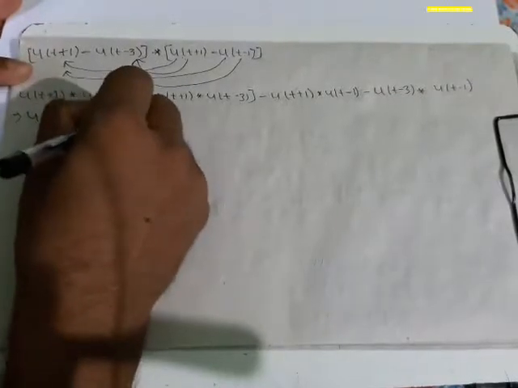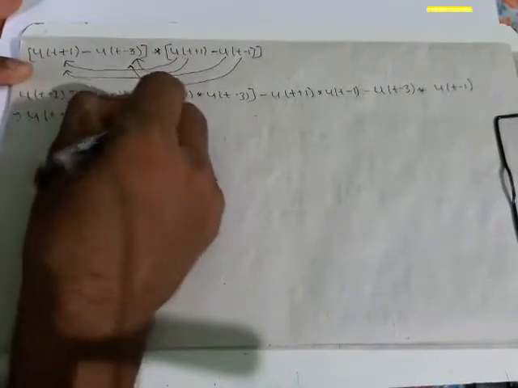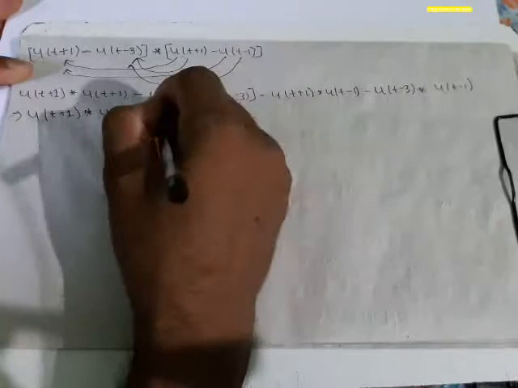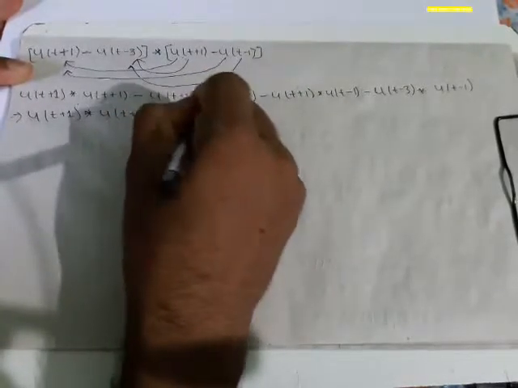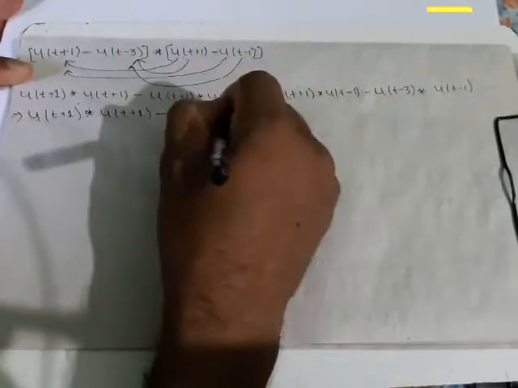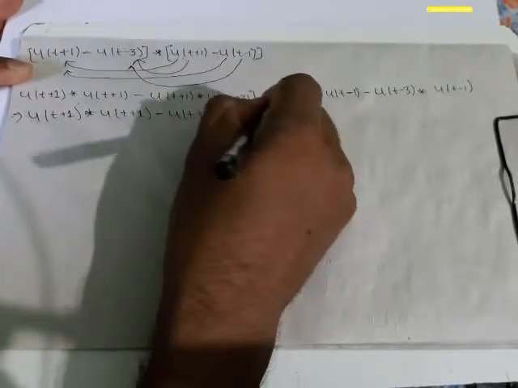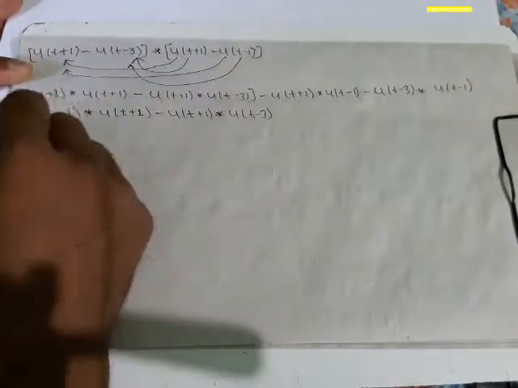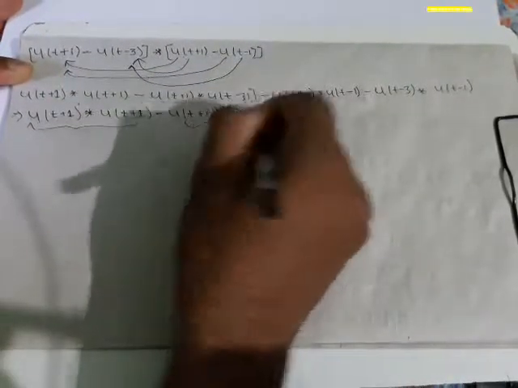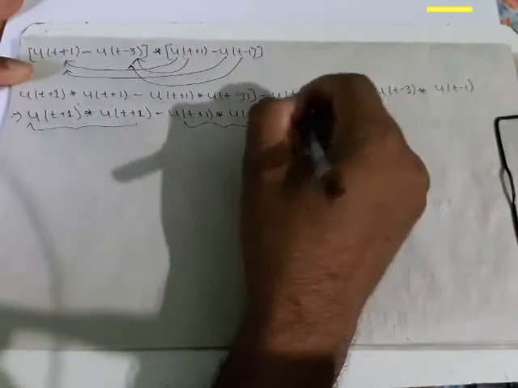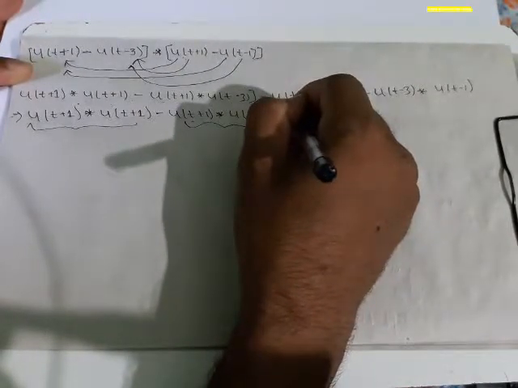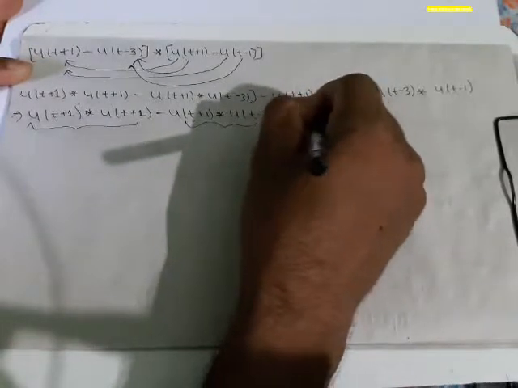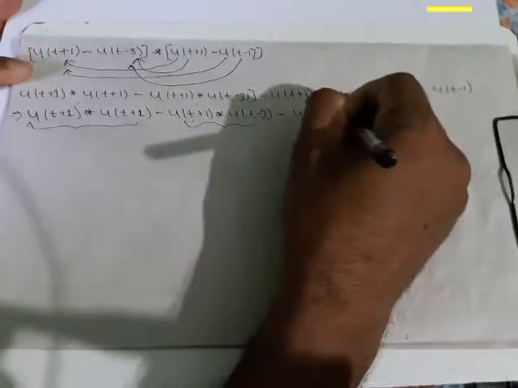So it would be r of t plus 2 minus r of t minus 2 minus r of t plus r of t minus 4. Actually it is r of t.